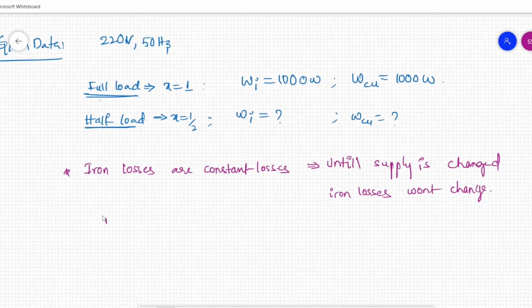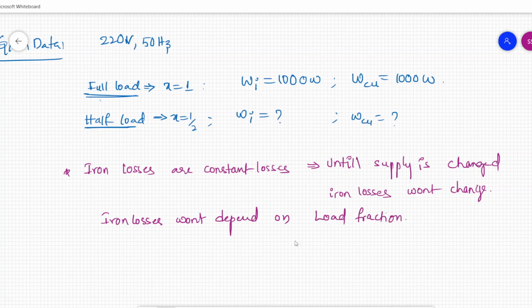They won't depend on load fraction or load. If you change the load to half of its full value, the iron loss will be the same, 1000 watts only. Iron losses are fixed loss.